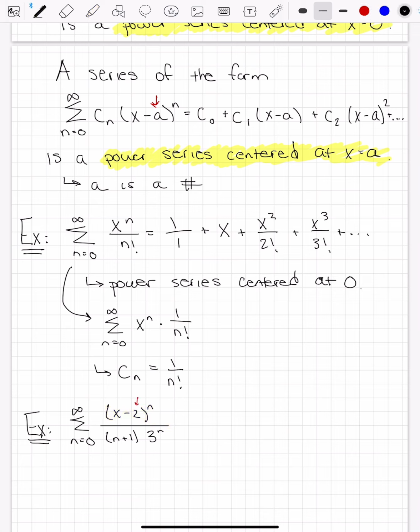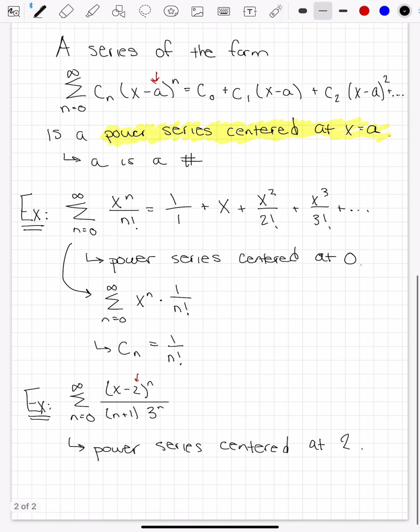So this means that this is a power series centered at 2. So whatever you subtract from the x is the center. If you added something, that means it would be a negative center.